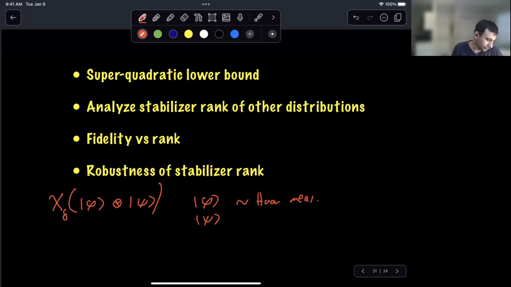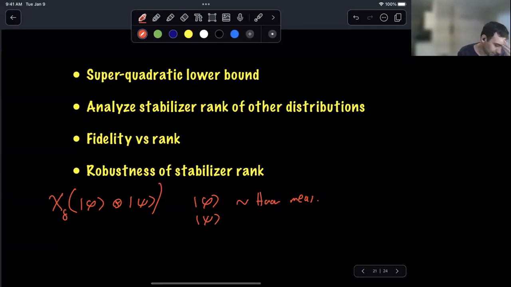There are also some questions motivated by the work of Farahlabi relating to the connection between other measures of stabilizerness. For example, if you consider the maximum overlap with stabilizer states and the stabilizer rank, can we prove any connection between these measures?